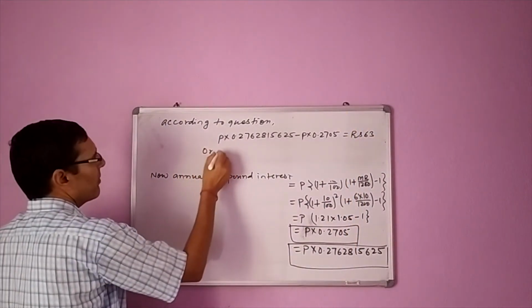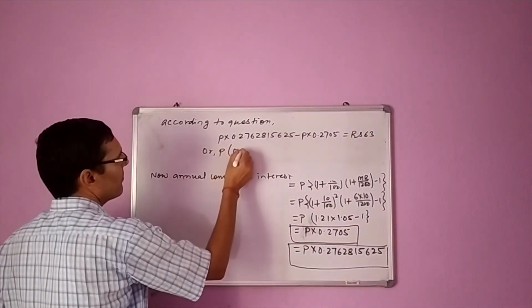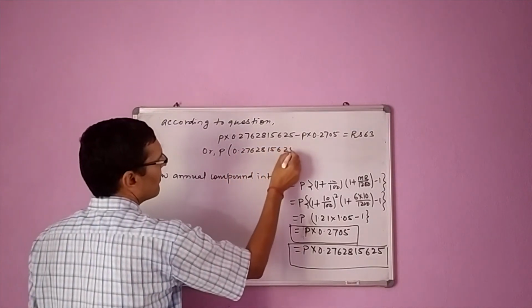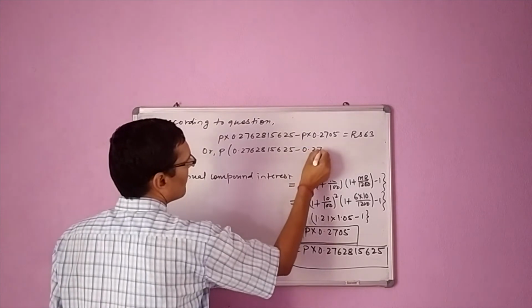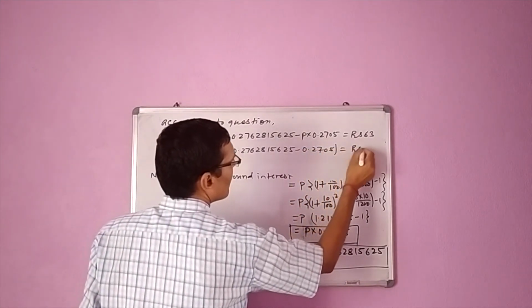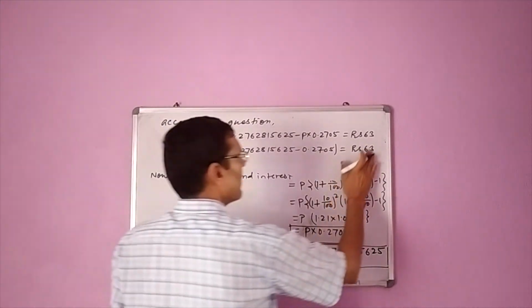Now we can take P common here, equal to rupees 63.